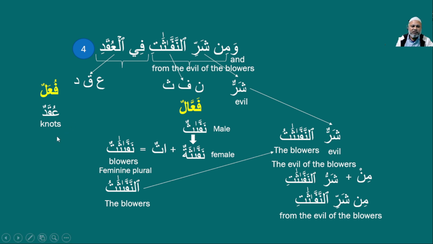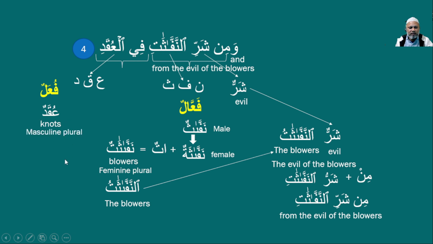People use rope, blow on the ropes and knot them to do some harmful impact on other people. So these are the knots, uqadun.